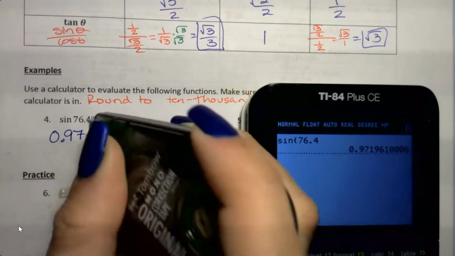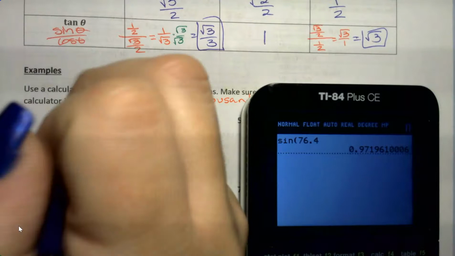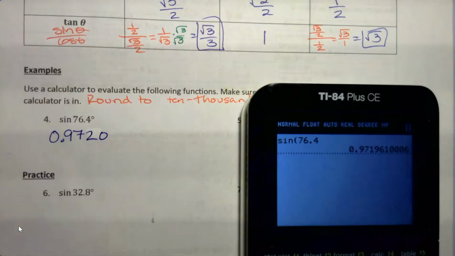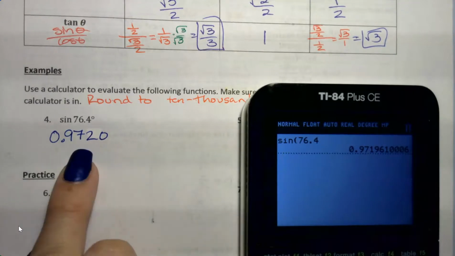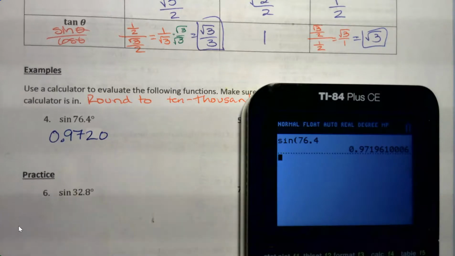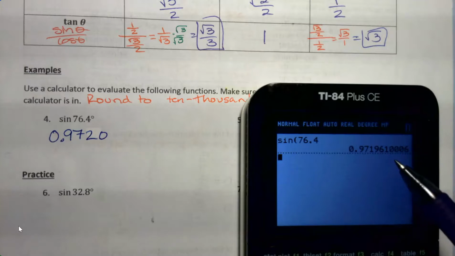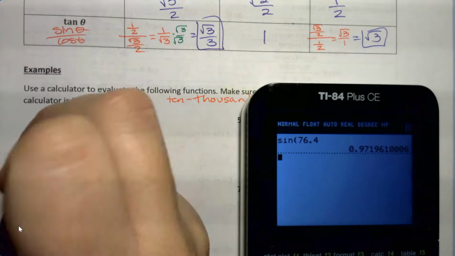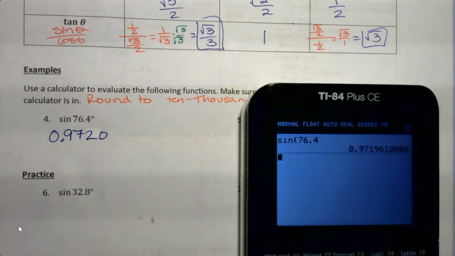So it's going to be 0.9720. And whenever I ask to round to the nearest 10,000th place, I want 4 decimal places written on my paper, even though in this specific answer that 0 isn't important. Because this tells me that you looked at all 5 numbers after the decimal to decide when you needed to round, and that you're just not being lazy here. So that is the answer for number 4.